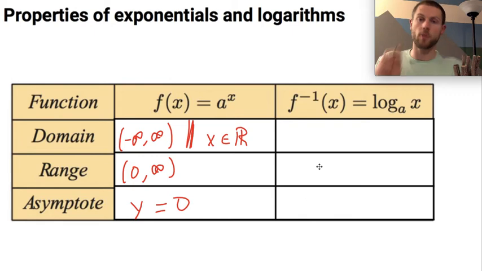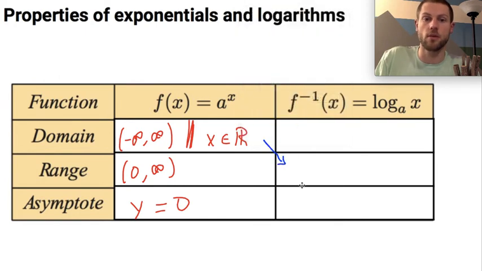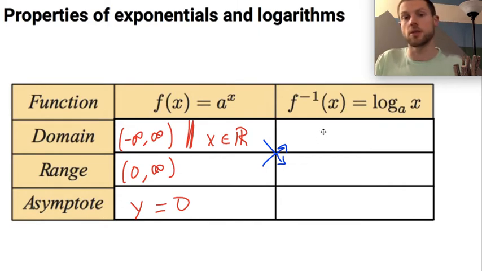So because the domain and range switch, all the x's become y's, all the y's become x's, what's going to happen is I'm going to move the domain of the original function to the range of the inverse function, and do the same thing with the range of the original function into the domain of the inverse. So we're just going to swap all these.